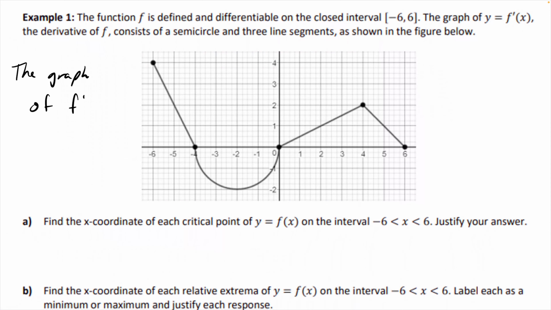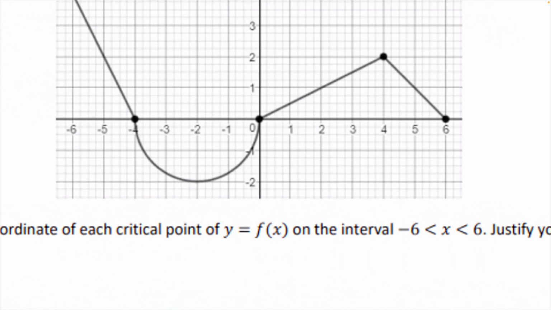For example, let me give you a point. Let's pick this point right here. You go, oh, that's 4, 2, right? 4 is the x, 2 is the y. No, that's not the way it works, because this graph isn't the original, it's the derivatives.